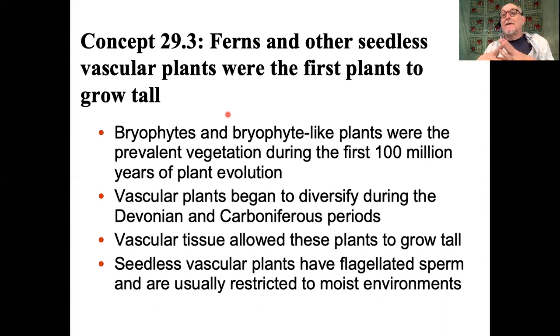Second of all, it simply ties them to the margins of land, of the water bodies, etc. So they could not necessarily spread far out. Although you do find ferns in quite dry areas, if they are in dry areas, they require regular flooding in order to reproduce. So that's a big disadvantage. They're usually restricted to moist environments.